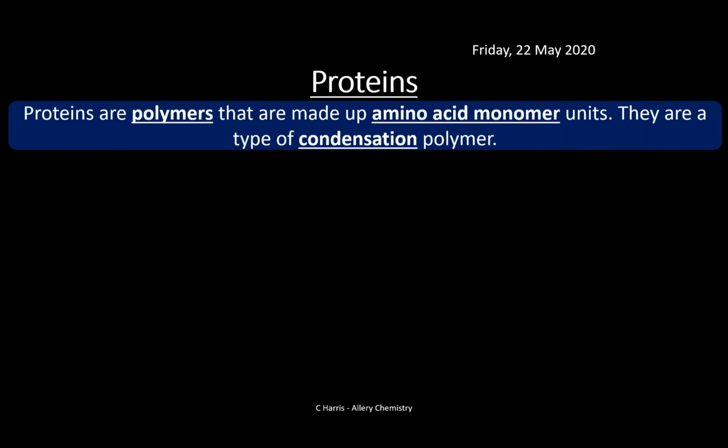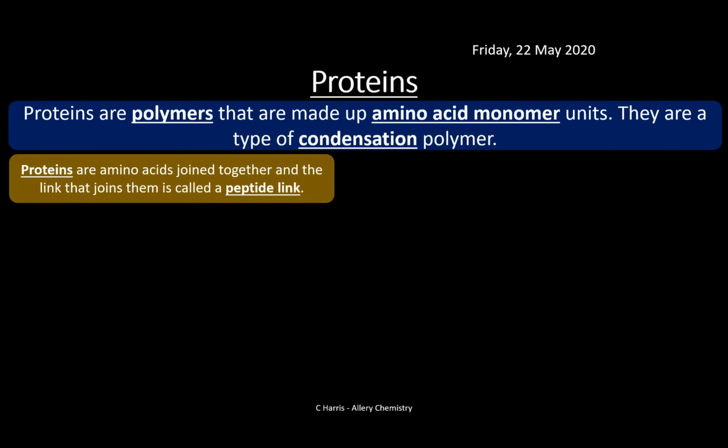So proteins are polymers, like I say, and they're made up of amino acid monomer units. And obviously we've seen some amino acids, so we know what they are. This is a type of condensation polymerization. So proteins are amino acids joined together, and they're joined together with what we call a peptide link. So remember, it's that link when we're joining the 2 monomer units together.